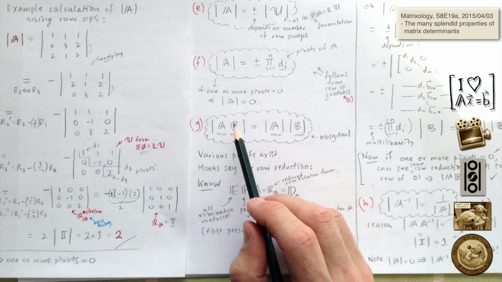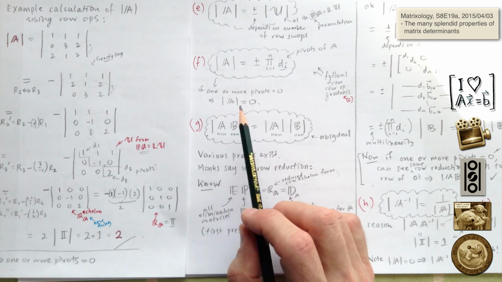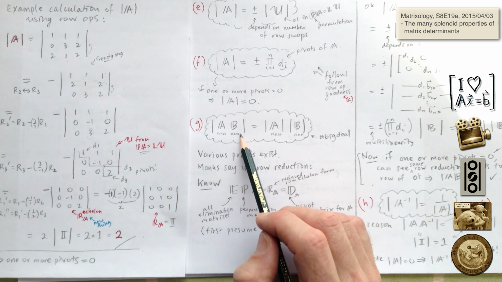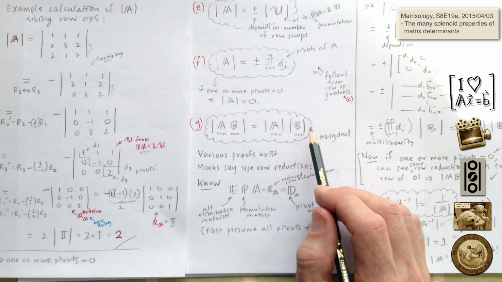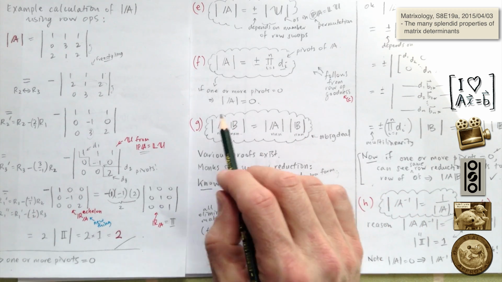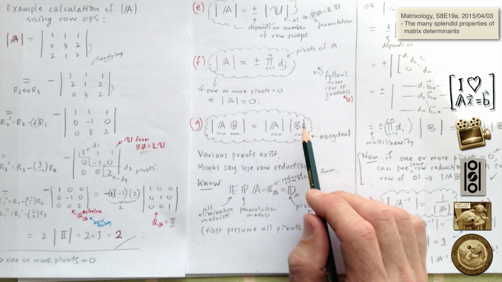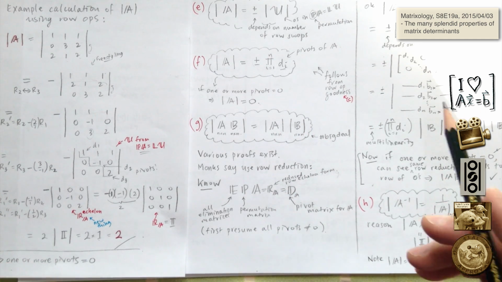All right, next result. So this is a big one. Determinant of A times B. So they're both n by n matrices, is the determinant of A times the determinant of B. So the volume of whatever parallelepiped this thing is equal to the volume of the first one multiplied by the second one. So that's an interesting thing to try and think about there.